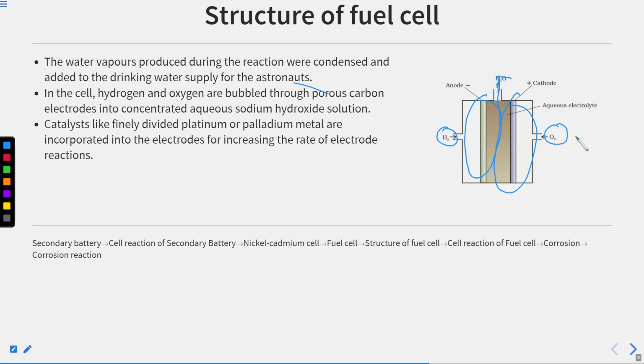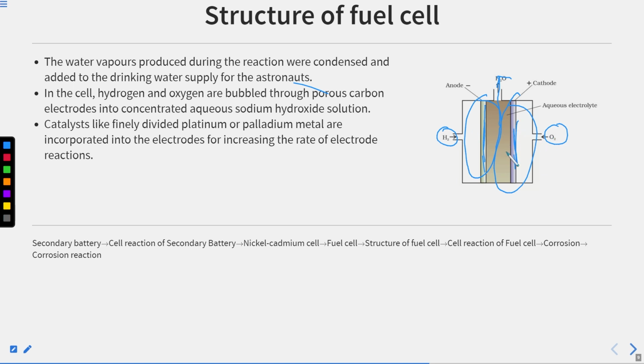Hydrogen and oxygen are bubbled through porous carbon, so both electrodes are made of carbon. We pressurize hydrogen from one side and oxygen from the other, and since the electrode is porous, the hydrogen and oxygen can get through it.